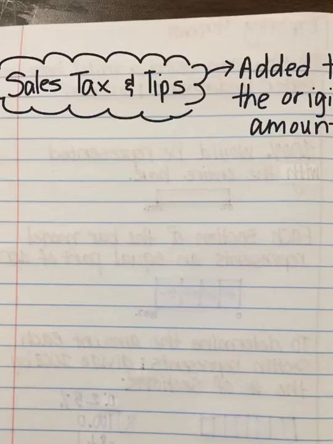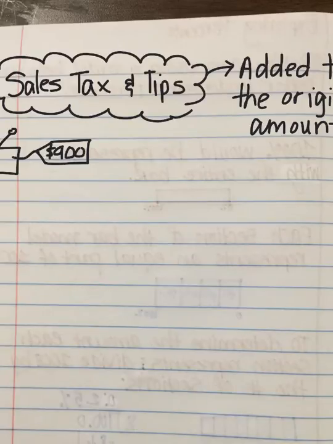Okay, so let's look at, if I have a TV, don't get caught up trying to draw a fancy TV, okay? If I have a TV and the cost of the TV, the ticket price is $900, okay?